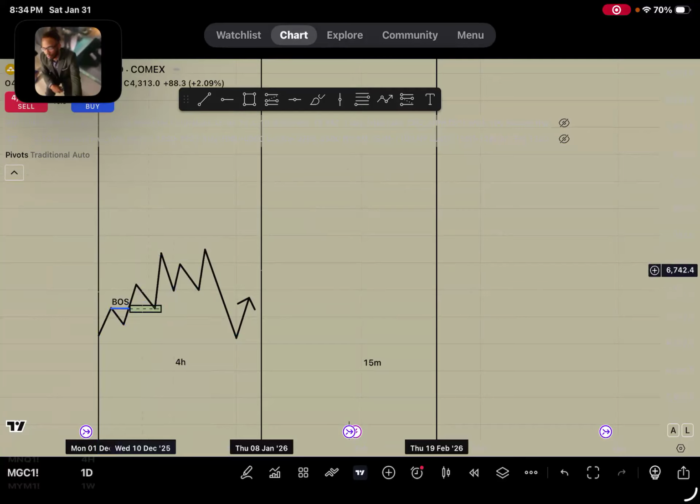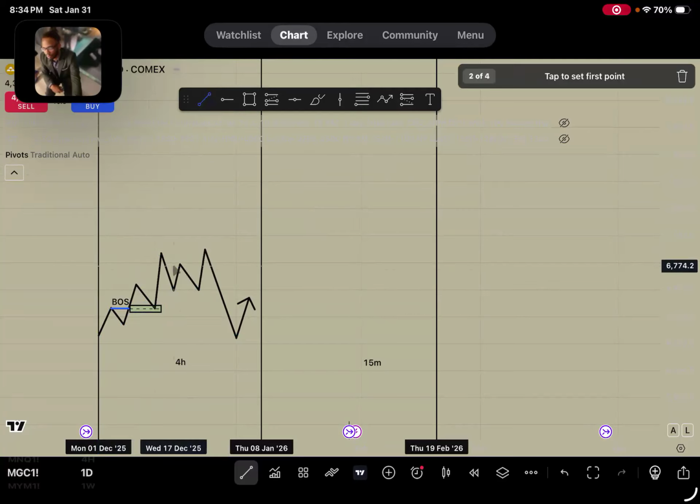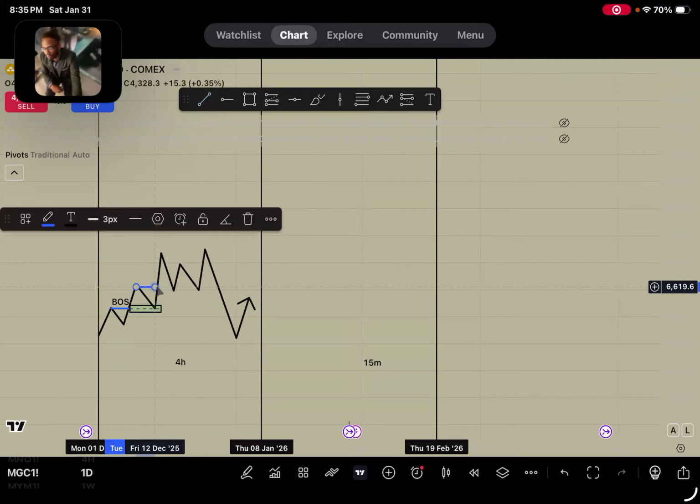Right? It got respected. It came to break this other high here. We say respected. What do you mean? First you must know what a bullish fair value gap is.